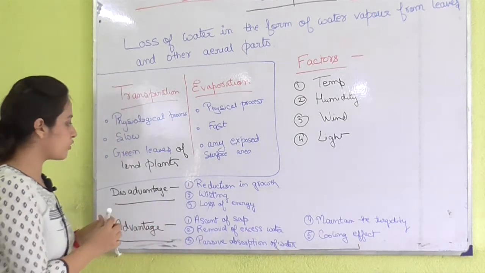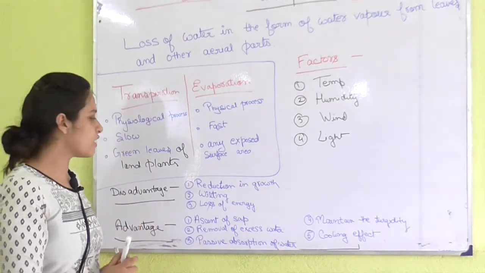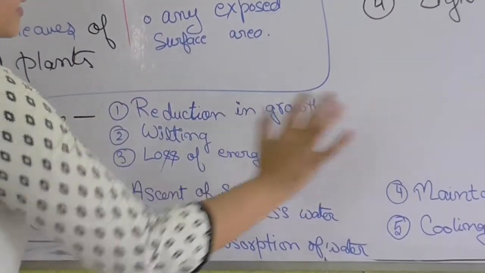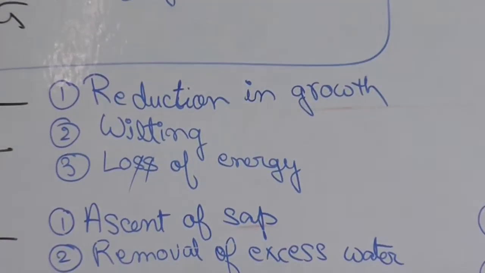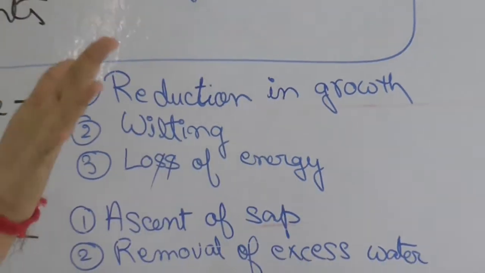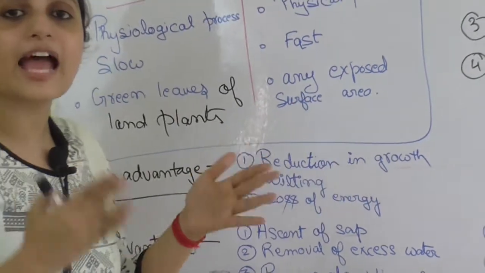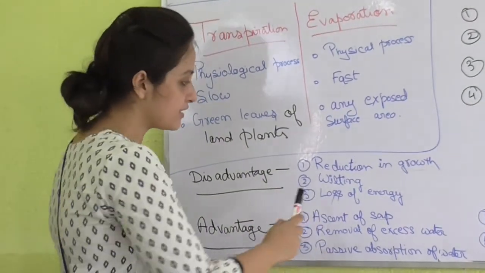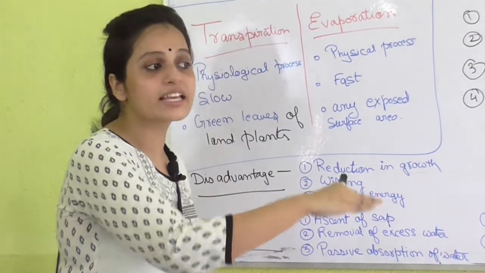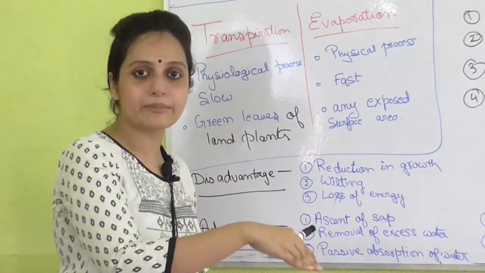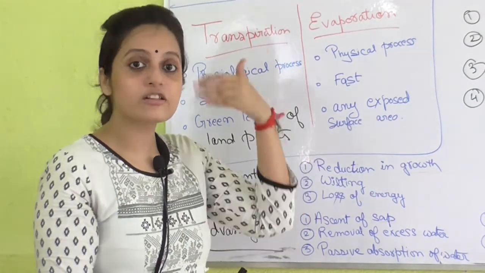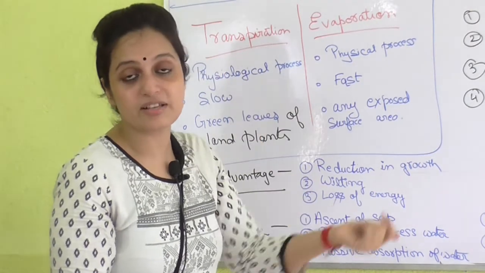Now we are going to study the disadvantages of transpiration. Number one, it reduces the growth of the plant. If the transpiration rate is very high, the rate of growth in the plant will be reduced. Next, it will cause wilting. You have seen this: many plants are shrinking, many plants are bending when there is a lot of heat, mainly in the summer season.